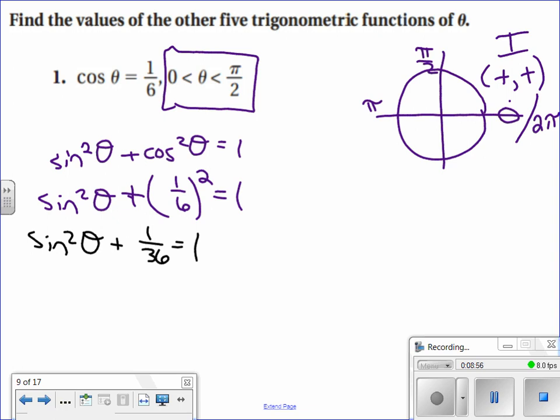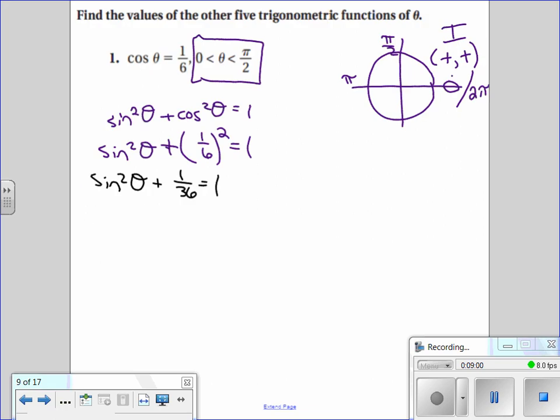And we're on our journey. We're trying to solve for sine. What should we do next? Subtract is correct, and you can use your calculator to do that, but just fraction the answer you get at the end, okay? Some of you might even be able to do that in your head. 35/36. Very good. And finish it off with a big old square root.